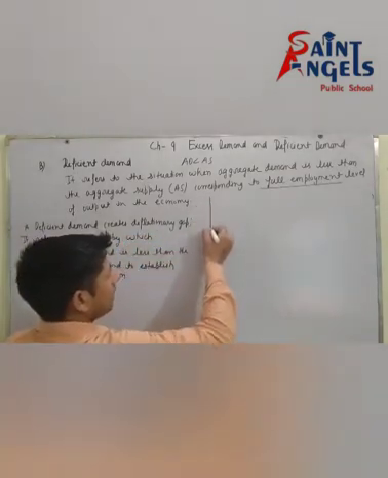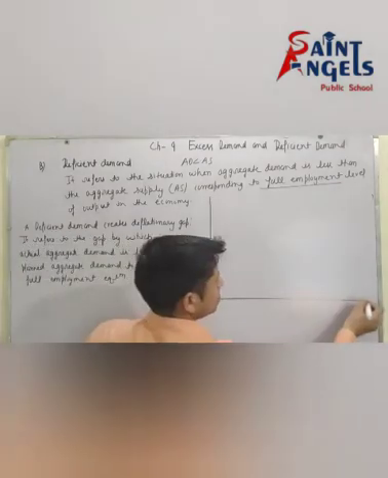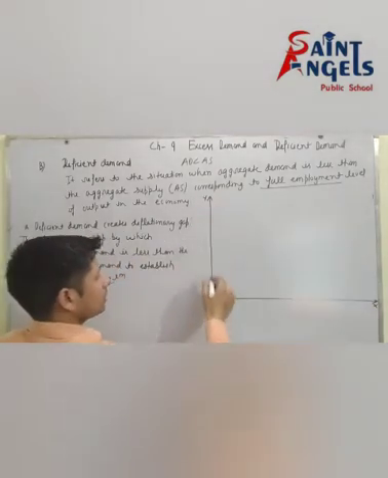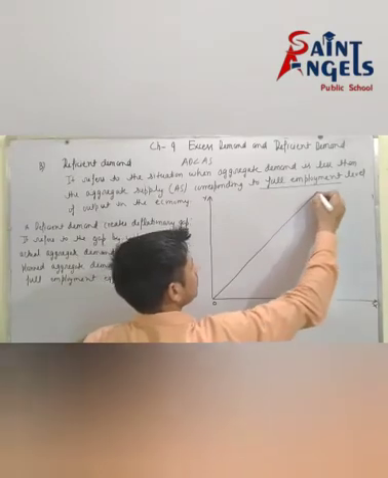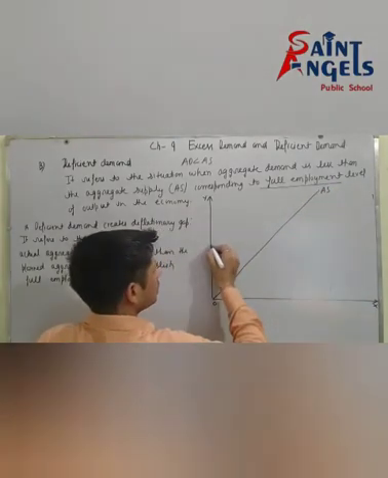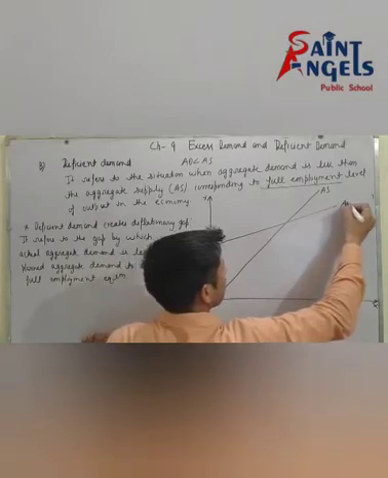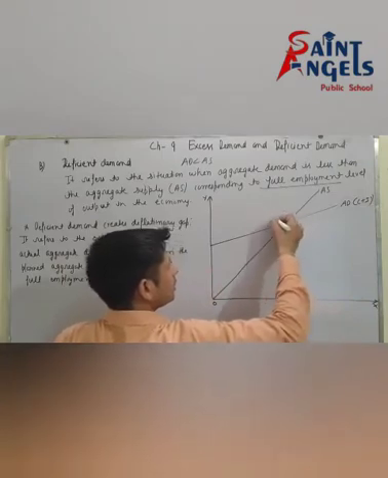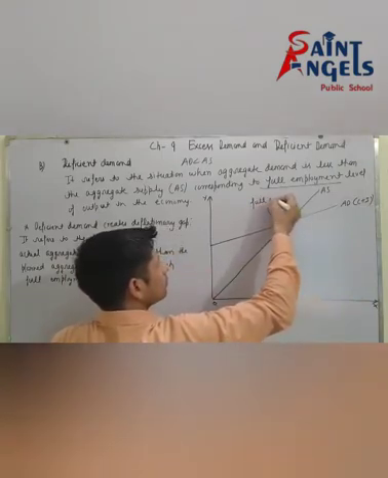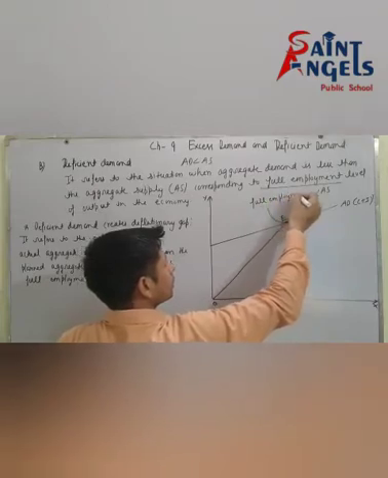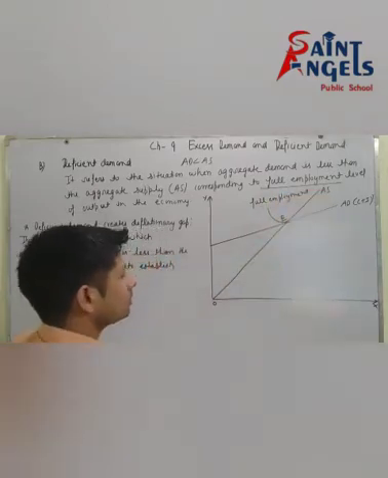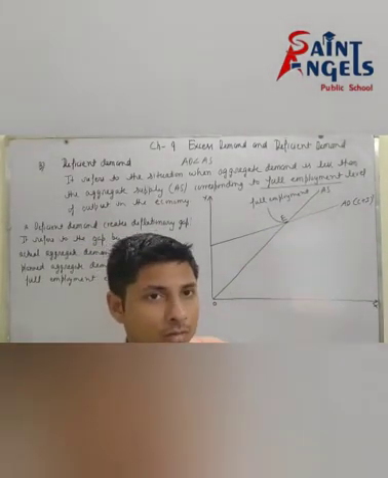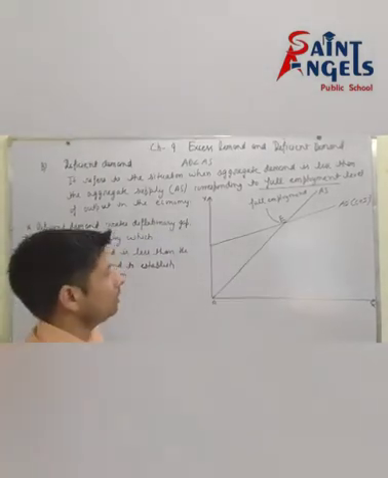See, this is the x-axis, this is the origin, and this is the y-axis. This is AS, this is AD, that means C plus I. Assume here point E, and point E means full employment. Suppose aggregate demand decreases due to a decrease in investment.